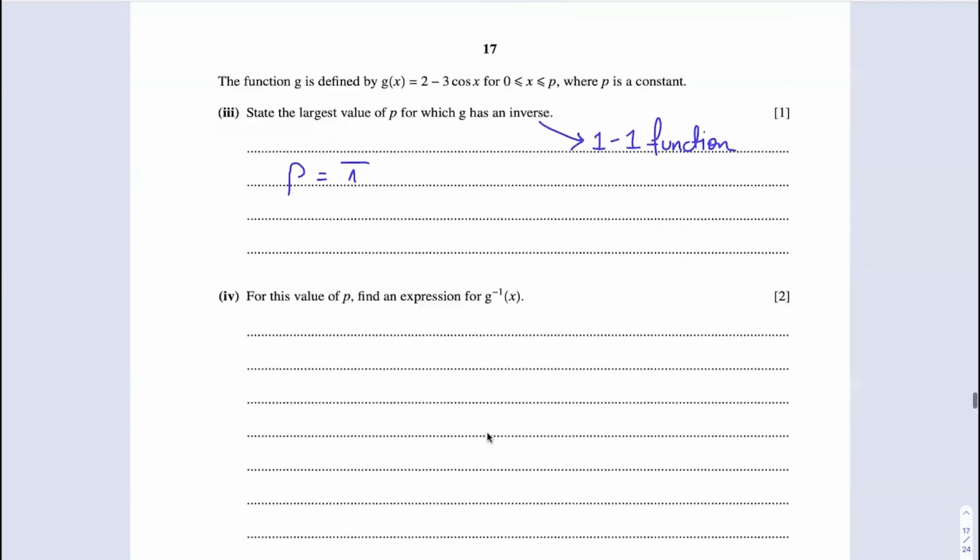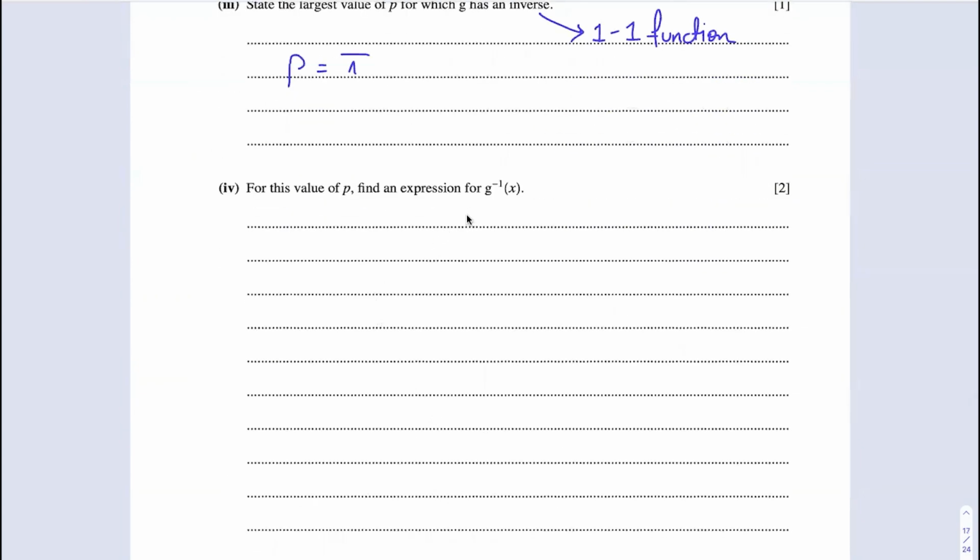In part 4, for this value of p, we have to find an expression for g inverse. We know that g of x is equal to 2 minus 3 cos x. To find an inverse, first we write y in place of the function g of x. Then we exchange the values of x and y. So this becomes x equals 2 minus 3 cos y.